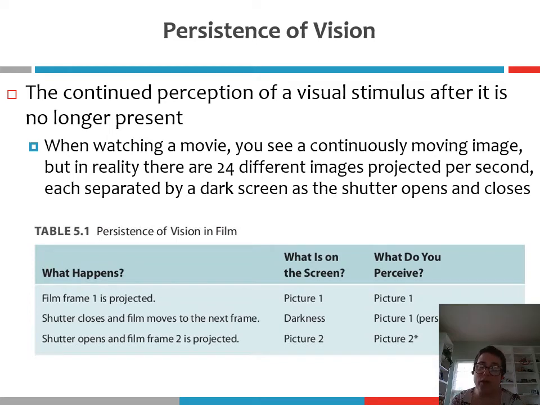But what your mind actually perceives is picture 1 as it's actually projected, your sensory memory or brief snapshot of picture 1, and the next picture. So because of our sensory memory, we're able to perceive many, many static pictures as one continuously moving image.